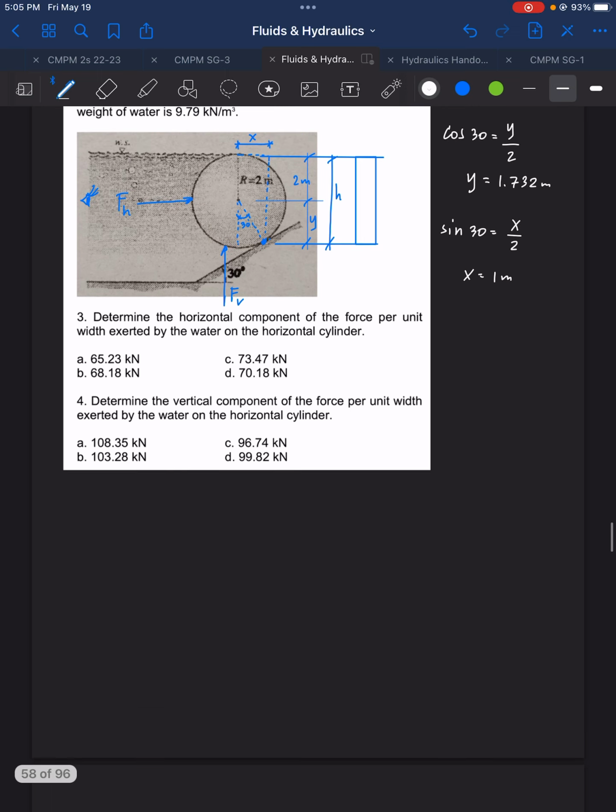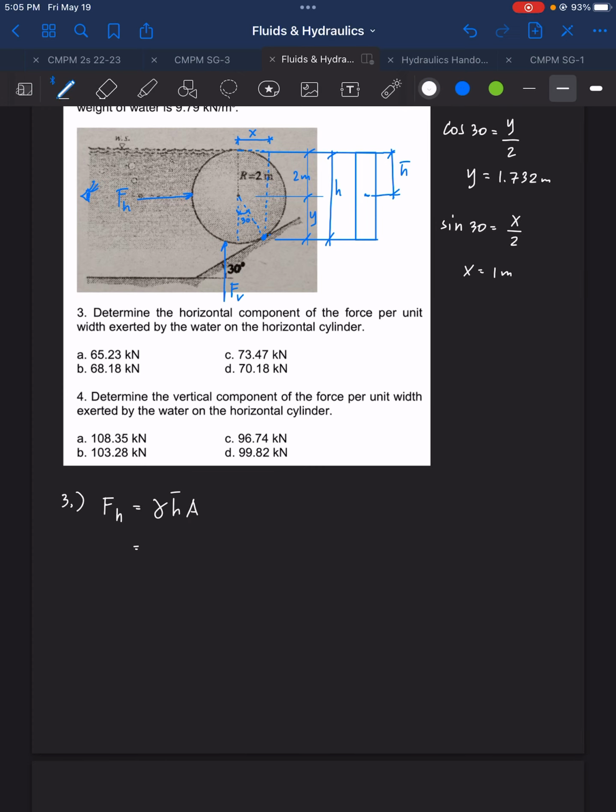So for number 3, we're looking for F_H, and that is gamma bar h A. The bar h is at the centroid of the plane. So what is bar h here? Center of the plane. So we have gamma of water 9.79.